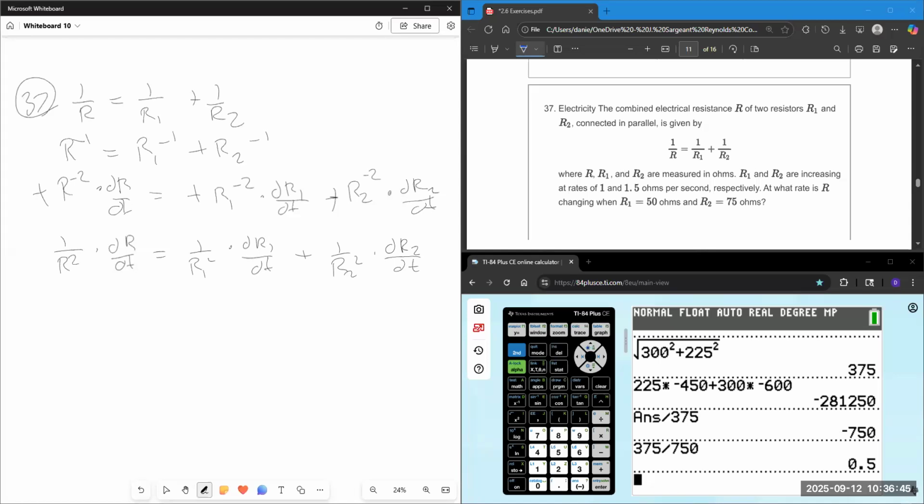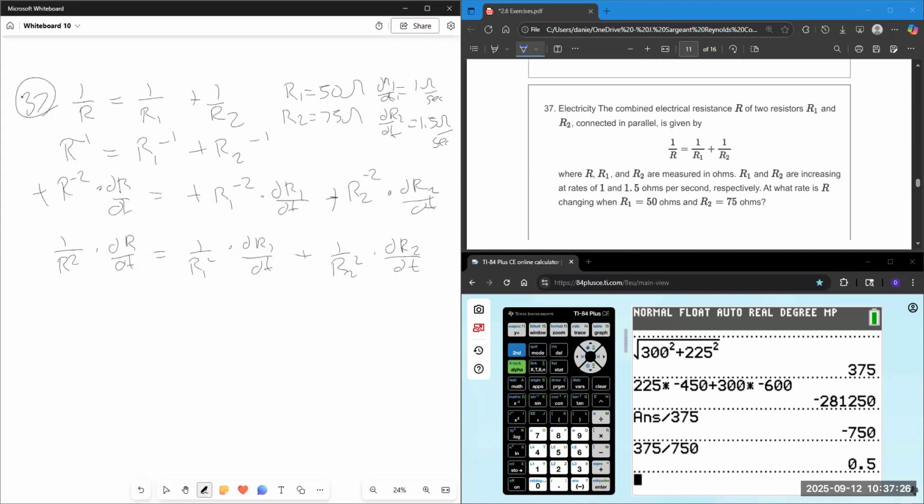Given that R1 is 50 ohms, R2 is 75 ohms, dr1/dt is 1 ohm per second, and dr2/dt is 1.5 ohms per second, I want to find R first.